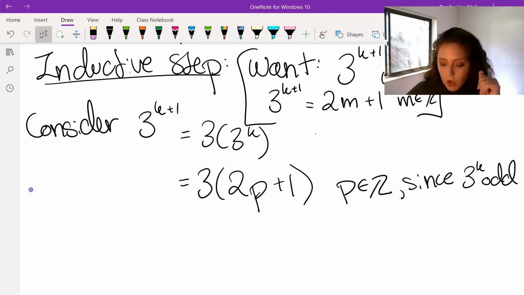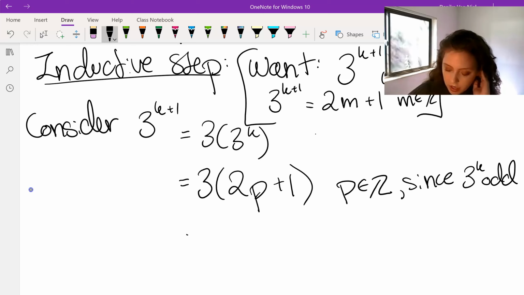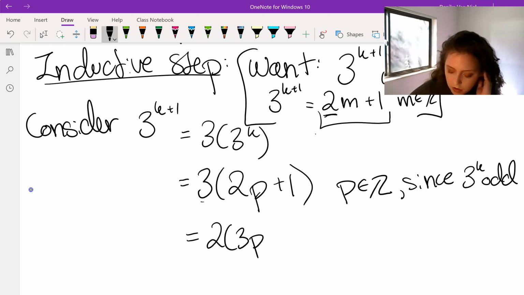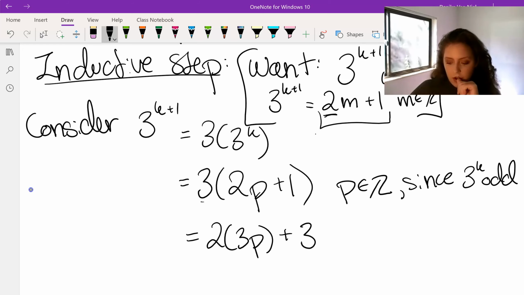Okay, so why don't I distribute? So I want it to look like this. Maybe I won't meld the 3 and the 2 together. Maybe I'll keep the 2 and put the 3 with the p. Okay, so now I have that 2 times an integer part, but I don't have the 1 part.